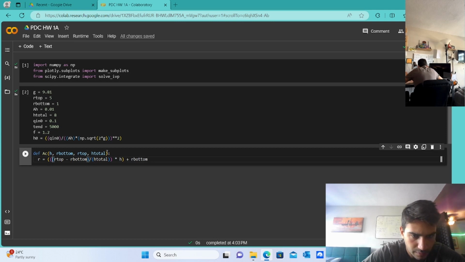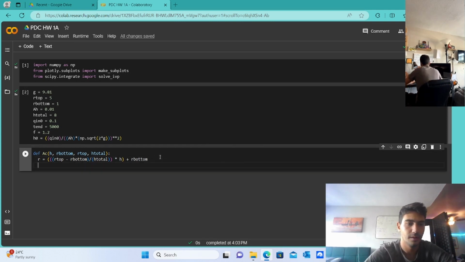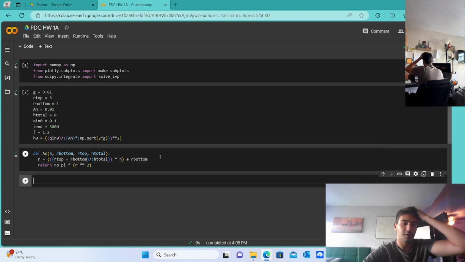This whole thing multiplied by h, this whole thing plus our bottom. Okay, then of course, like we said, we want to return the value for AC, which is pi r squared, so np.pi multiplied by r squared, right? Should be good.